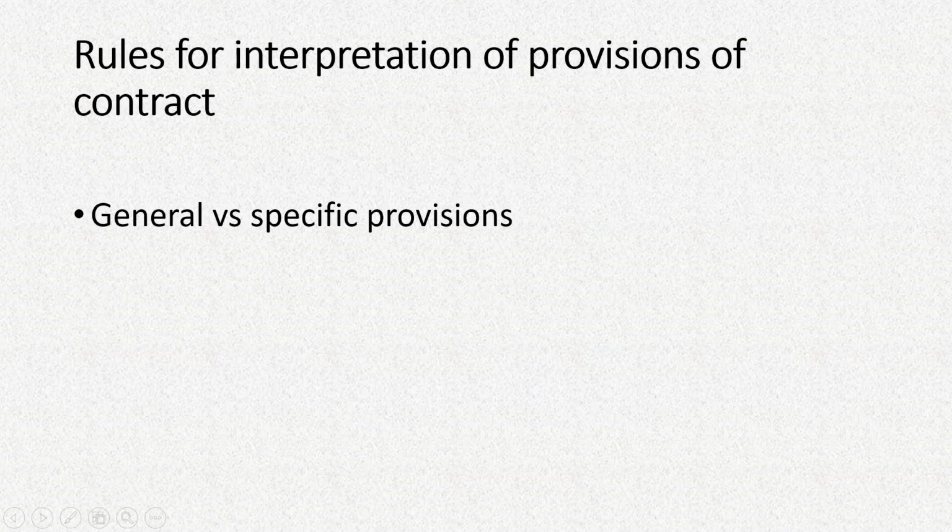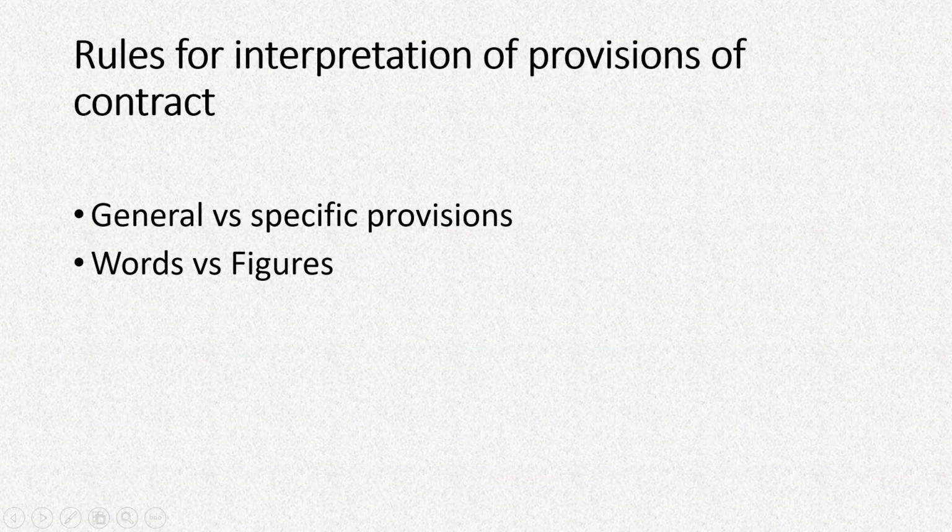So if there is a dispute, which to follow? Do we follow the IS code, or do we follow the specifications provided by the designer for this project? Then the specific provisions generally prevail. Then, words versus figures.